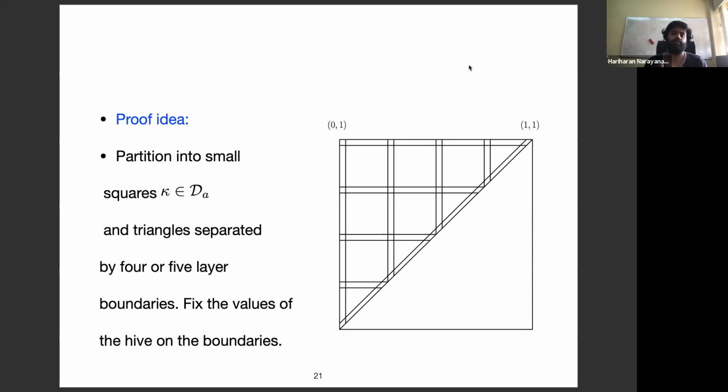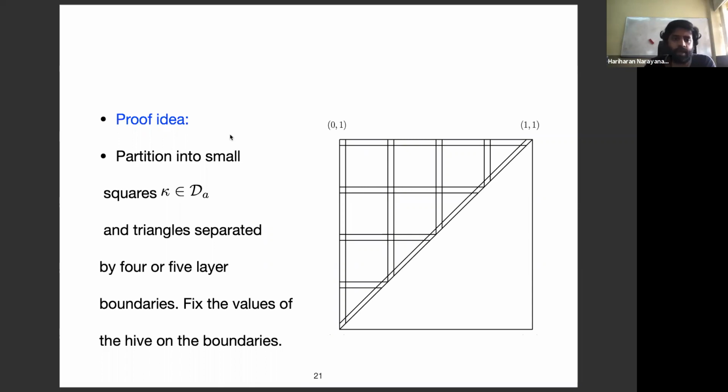The whole idea is we need to take these hives, break them up into tiny squares, and on each square somehow identify them with some parabolic surfaces, and then patch together in some fashion and get all these things, because we recall that the rate function itself was the integral over sigma of the Hessian. So the idea is that you somehow break things up into small squares, and on each square this Hessian is almost constant, and you write it out and then get basically what you want.